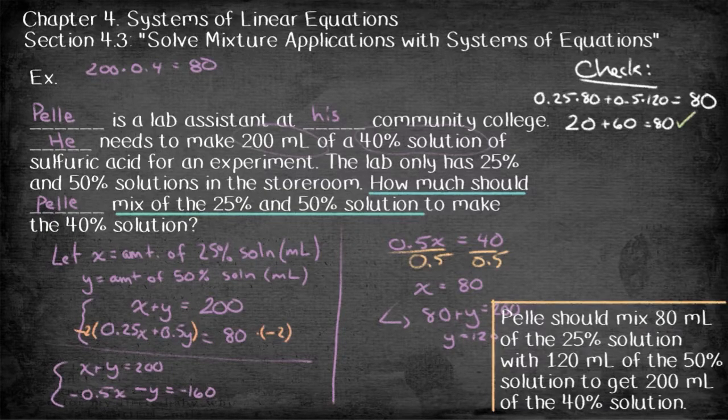And there we have our sentence. Pell should mix 80 milliliters of the 25% solution with 120 milliliters of the 50% solution, exactly 200 milliliters of the 40% solution.